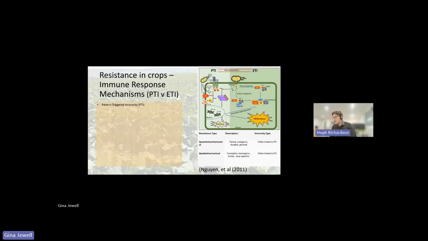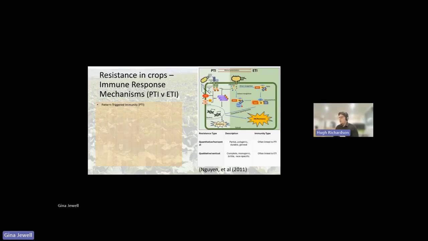So it might have receptors that can recognize chitinase, which is associated with fungal pathogens, or recognize flagellin, which is associated with bacterial pathogens. And this recognition then means it's able to cascade into an immune response, which is possibly able to stop the advance of the pathogen. Perhaps it can produce a thicker cell wall, which stops the appressorium of a fungal pathogen proceeding with its infection.